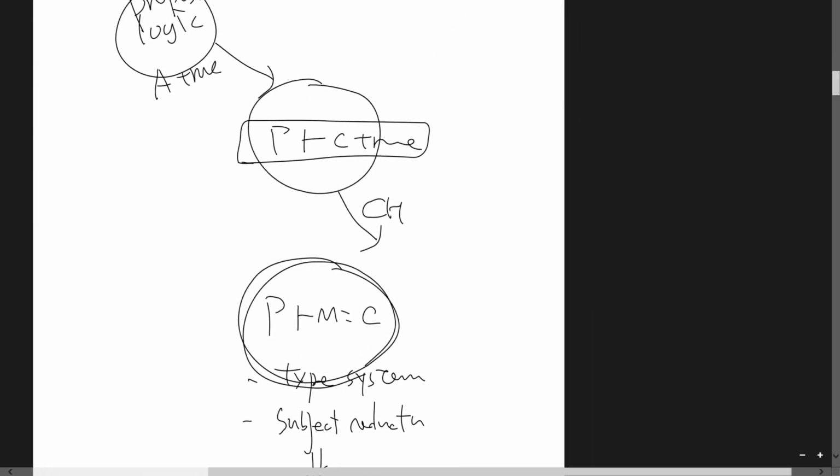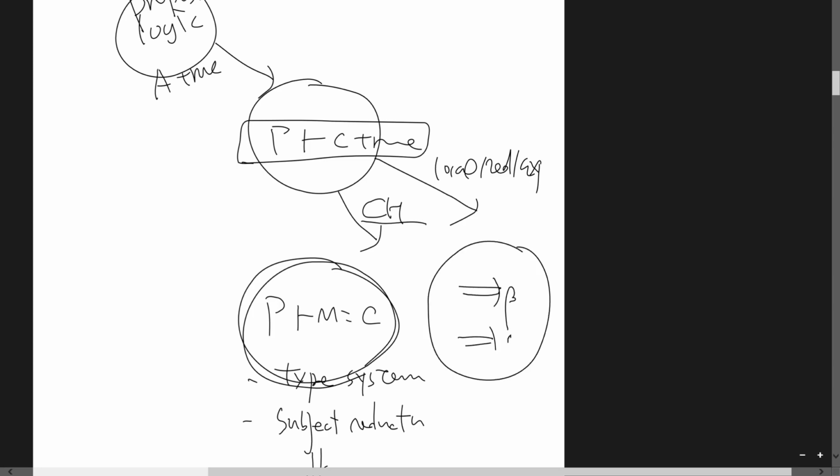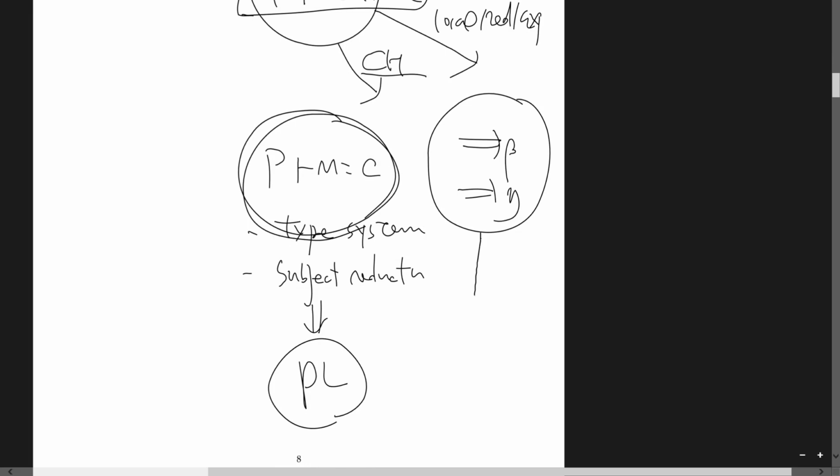And from local reduction and local expansion, you apply the Curry-Howard isomorphism and you obtain beta reduction and eta expansion. And perhaps this is the basis for subject reduction actually; you should combine these two.